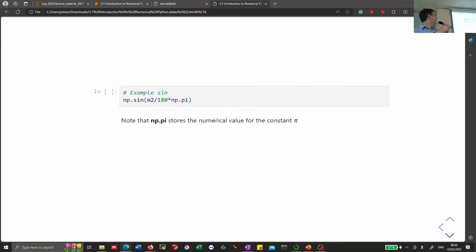I think there's one home assignment now, home assignment 3, where I asked you to convert the degree value and radian value, because numpy actually works in radian values, not degrees. So you take 90 degrees divided by 180 times pi, and you get the right value.